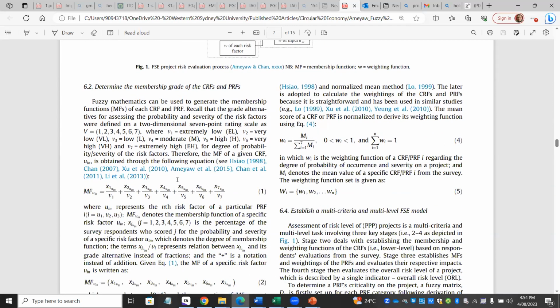We have seen some of these things in the previous papers. Fuzzy mathematics can be used to generate the membership functions of each critical risk factor and then the principal risk factors. Recall that a grade alternative for assessing the probability and severity of risk factors was defined on a 2-dimension 7-point rating scale, in the form of 1, 2, 3, 4, 5, 6, 7.